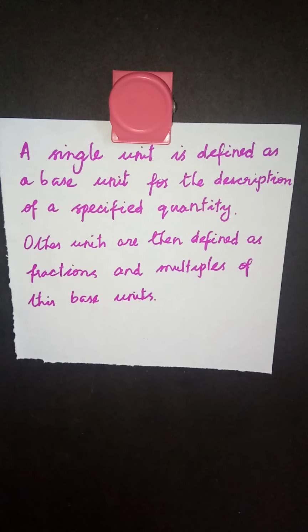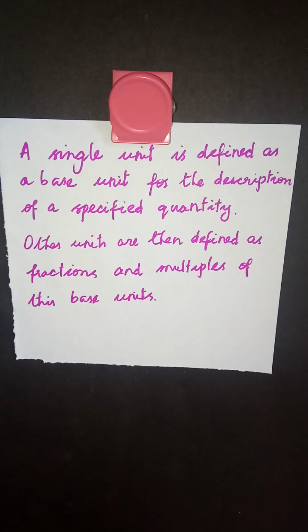Now see the difference between a unit and a subsidiary unit. A single unit is defined as a base unit for the description of a specified quantity. We say meter, kilogram. It is a single unit and it is used to describe a specified quantity. Other units are then defined as fractions and multiples of this base unit. For example, in the US, the customary unit of length is yard, not an SI unit, the customary unit, which means they usually use this as the unit.